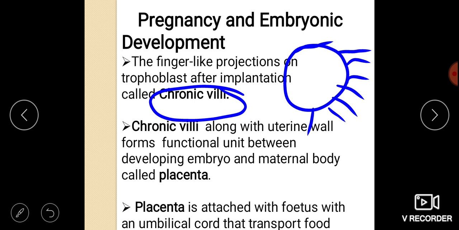The embryo remains attached to this placenta for 9 months, that is the gestation period, and it keeps on taking in the nutrients, the oxygen, and antibodies, and releases the waste from its body into the maternal blood.